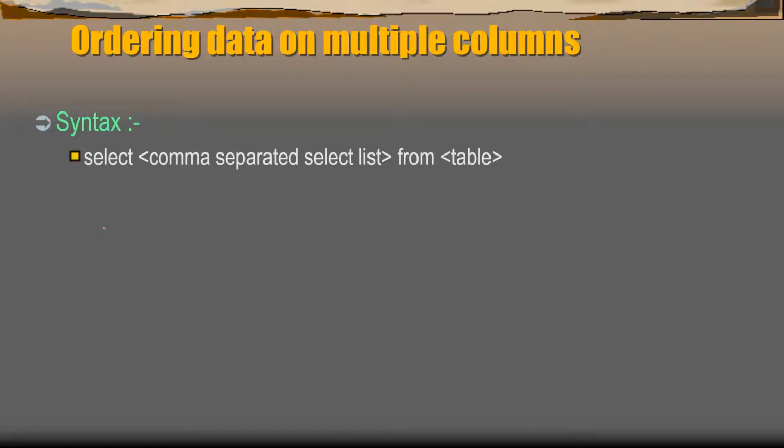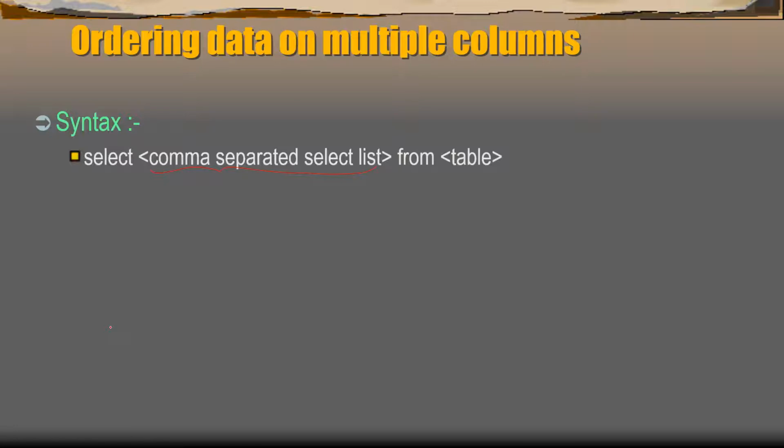Let's see the syntax. Select comma separated select list from table. This comma separated select list specifies the individual fields which are to be displayed in the output, and if all the fields are to be displayed, then asterisk is used.